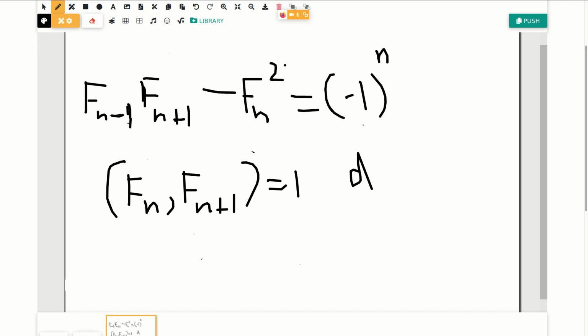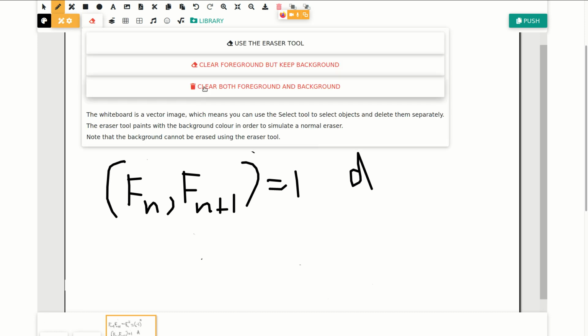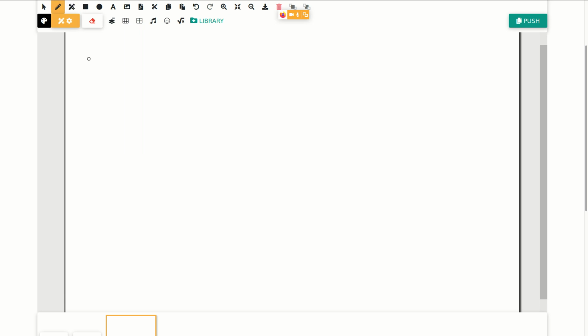Let's move on. There's another identity. I think many of you might have seen this. This is called Binet's formula. Again, this might not be very relevant in CP, but yeah.